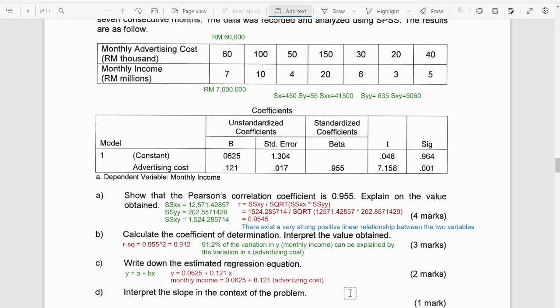Okay, so boleh juga tulis macam tu. So you can just say monthly income equal to 0.0625 plus 0.121 multiply with advertising cost. So this is the estimated regression equation.